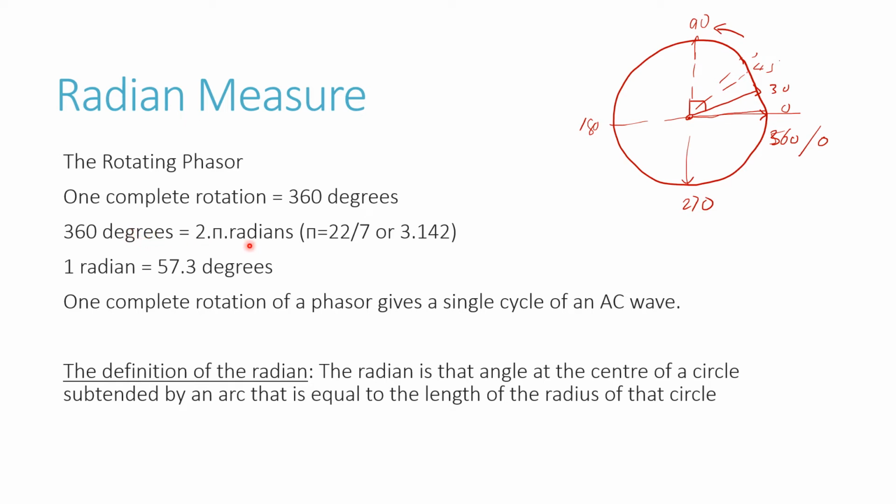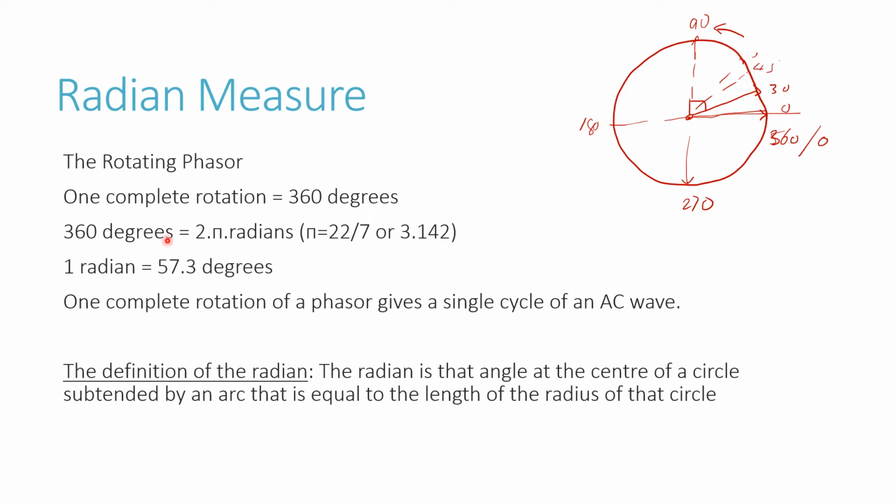And 360 degrees equals 2 pi radians, okay? Where pi is equal to 22 over 7, or 3.142 to 3 decimal places, right? So right around the circle, 360 degrees, or 2 pi radians.